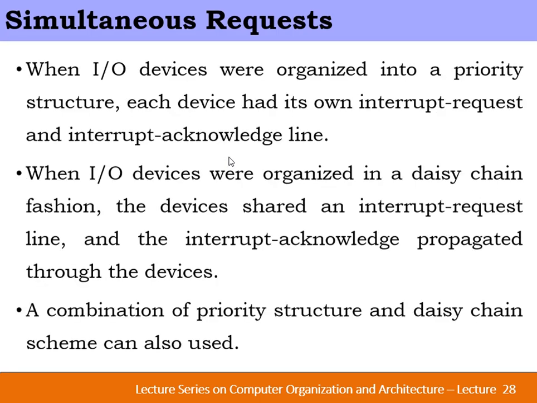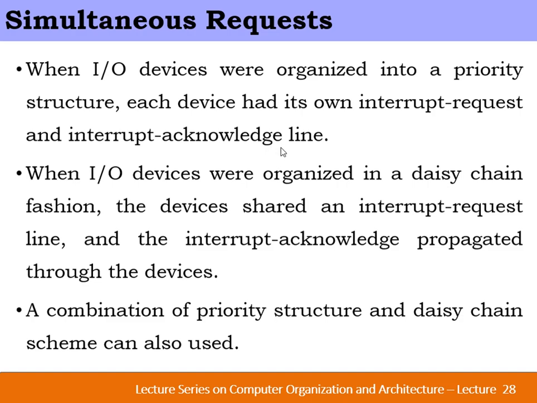Now, as we have discussed in the comparison between these two mechanisms, we are supposed to come up with a proper solution. When IO devices were organized into a priority structure, each device had its own interrupt request line and its own interrupt acknowledgement line.